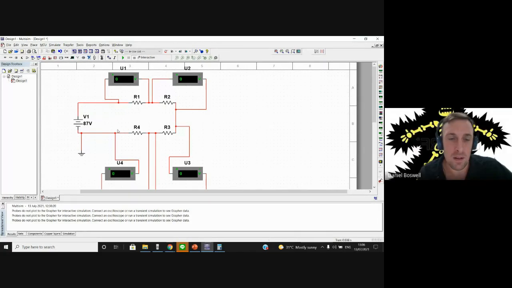Yeah. So the voltage between each resistor will add up, and the total will be 87 because that's the VS, voltage supply.